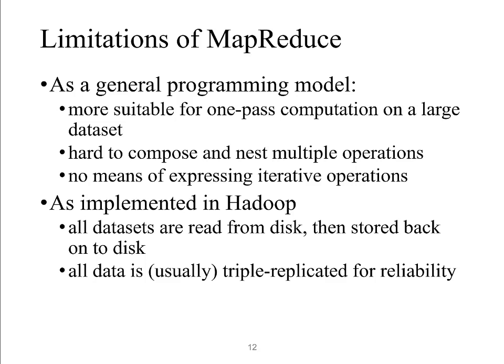As I emphasized before, every time you get the final results of a MapReduce process, you store the result back onto the disk, to HDFS. And in HDFS, all the data is usually triple replicated for reliability. So anytime you store the results back onto the disk, you need to create two more replicas. It is kind of a waste of space and time.